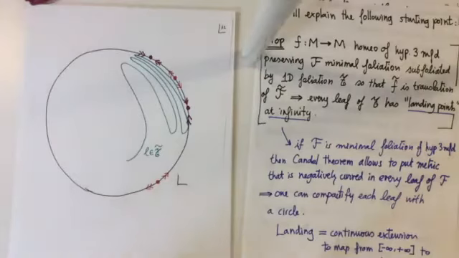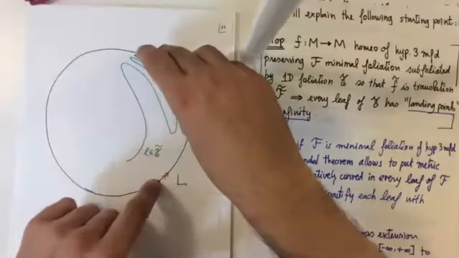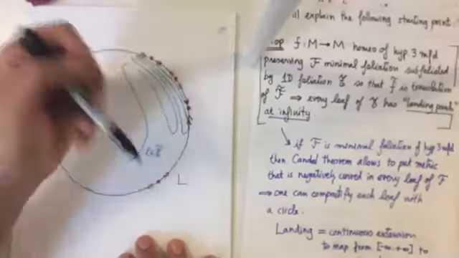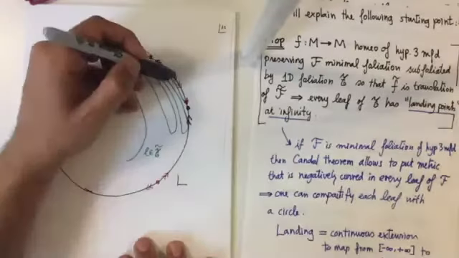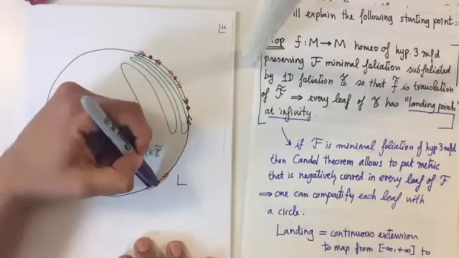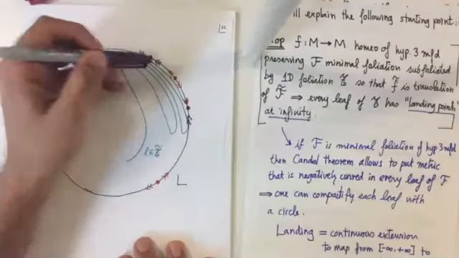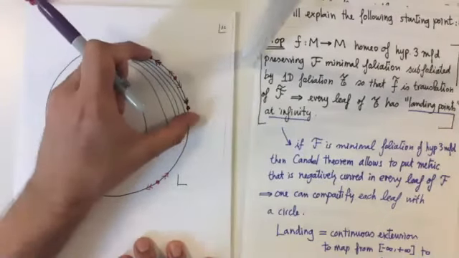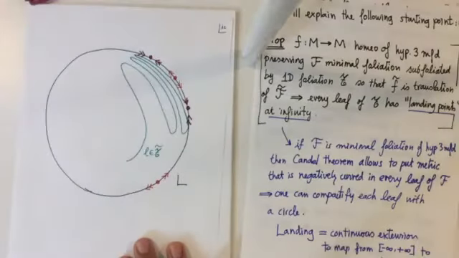Now you need to use the pseudo-Anosov property, where you know that you have a dense set of periodic orbits which are regular, and that way you can find some periodic orbit of the pseudo-Anosov flow which will have a behavior like this. At infinity you have two repelling points like this and two attracting points. The important thing is that the two attracting points and one of the repelling points lie in the interval where the leaf is accumulating.